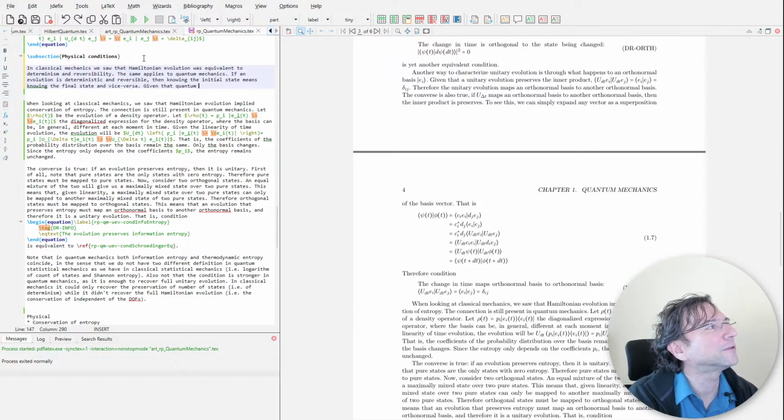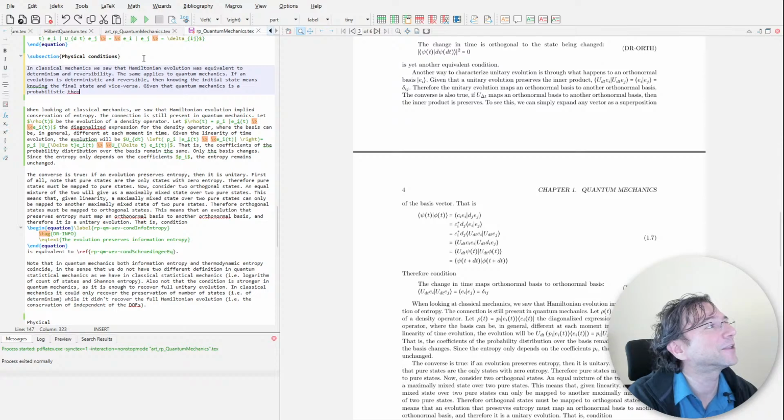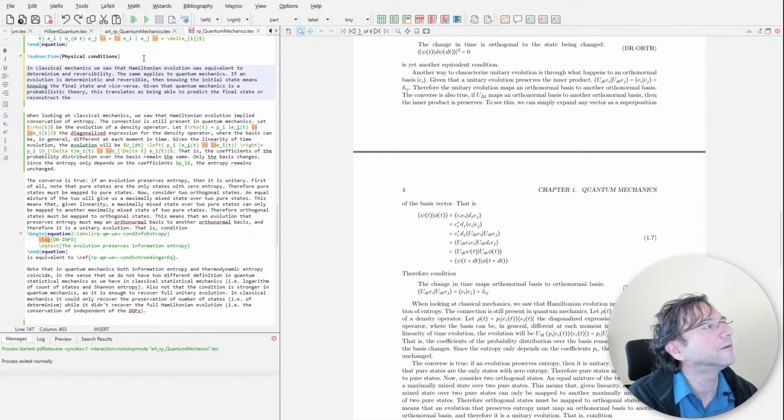Given that quantum mechanics is a probabilistic theory, this translates as being able to predict the final state or reconstruct the initial state with 100% probability.